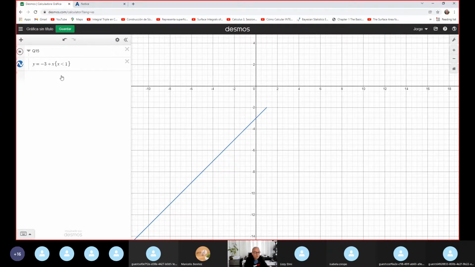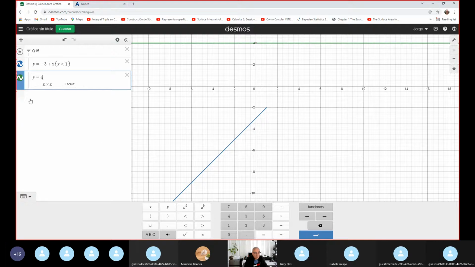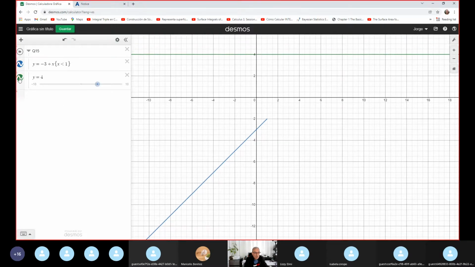Okay, let's do the second piece. The second piece in the piecewise function is y equal 4, a constant function. Let me use the same color. To use the same color, you click on this icon, hold the mouse, and select the same color, blue.